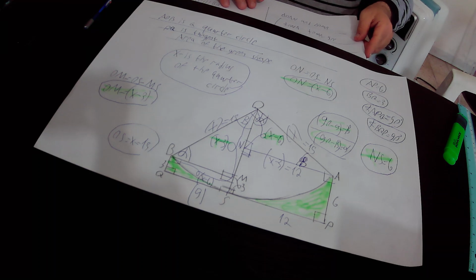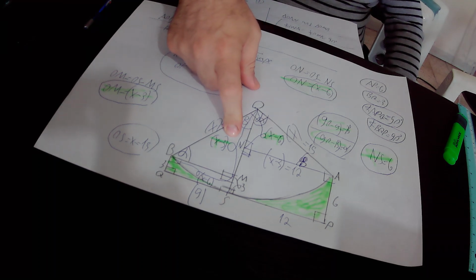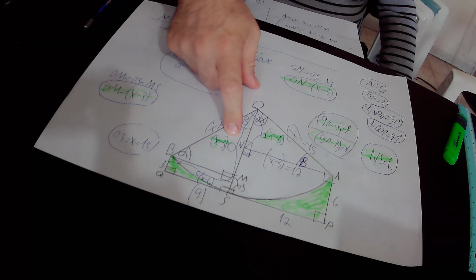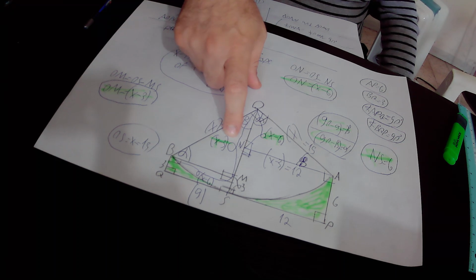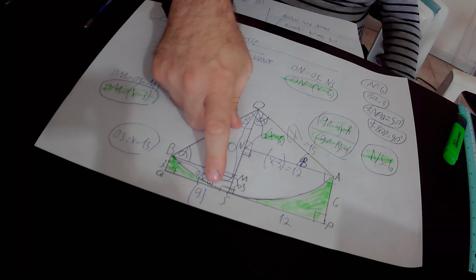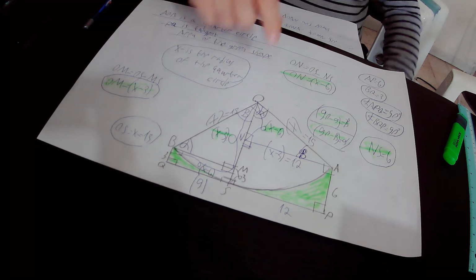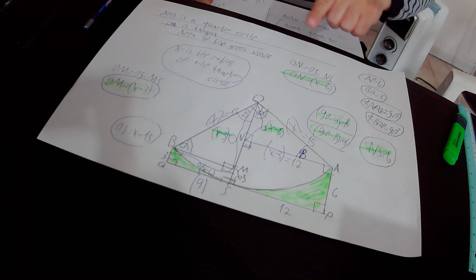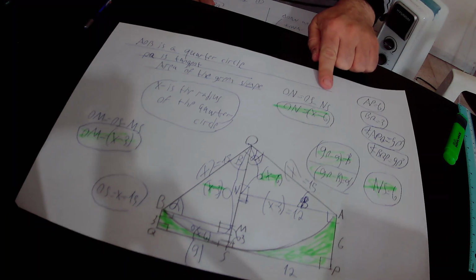What is the length of line segment ON? From the drawing it is very easy to see that ON equals OS minus NS.